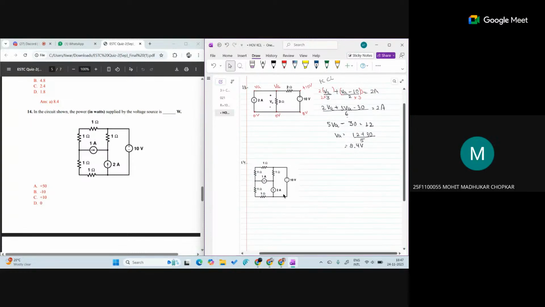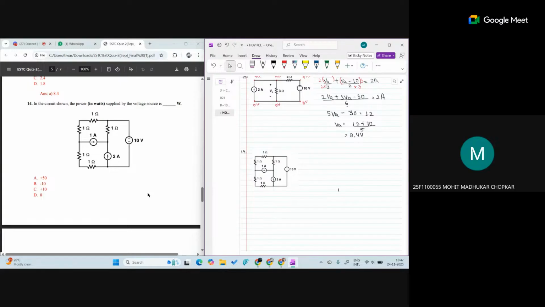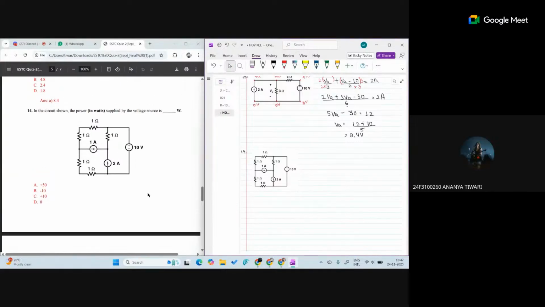First, we will use the superposition method and find, if we energize 10 volts only, what amperes we got, and then the ampere sources. We have to find the power by the voltage source in the circuit. So we will disconnect the current sources when we use the voltage source.